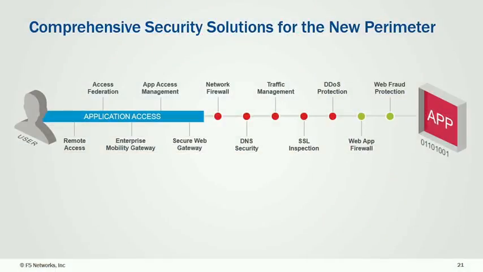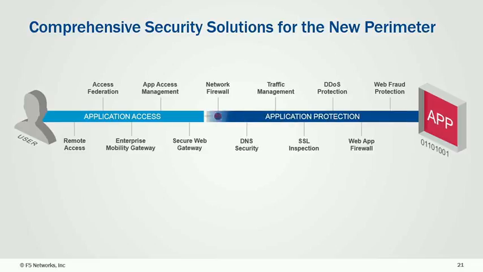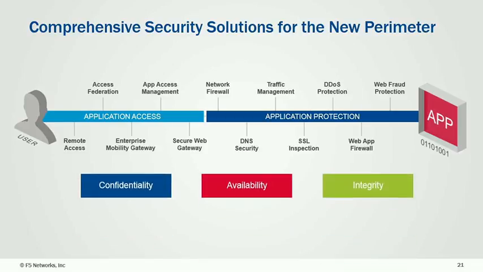Do application access smart, secure, federate, use mobility access management when it's needed, filter traffic according to URL, and do remote access. Also, protect the applications, SSL inspection, DNS security, web application firewalling, anti-fraud. Encrypt traffic in the application level inside the application when needed.